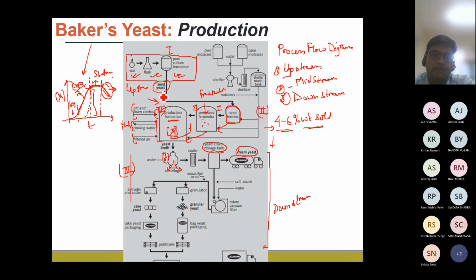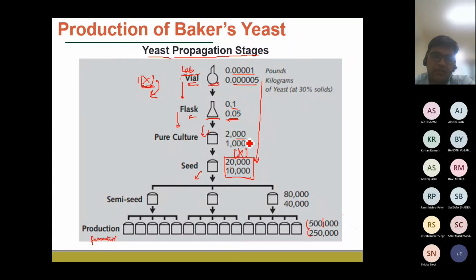We can see that it starts with the initial pre-culture and then development of the seed culture, and that seed culture is used at a first stage of the fermenter to make some quantity. This tells you how many kilograms of biomass are being produced.